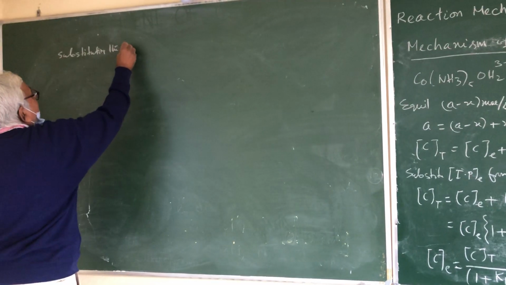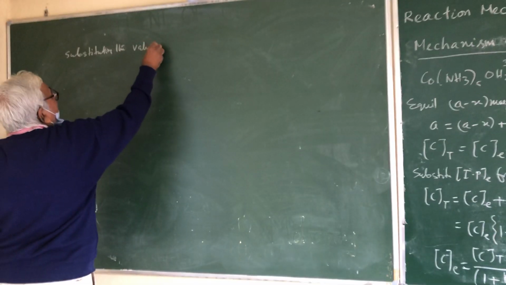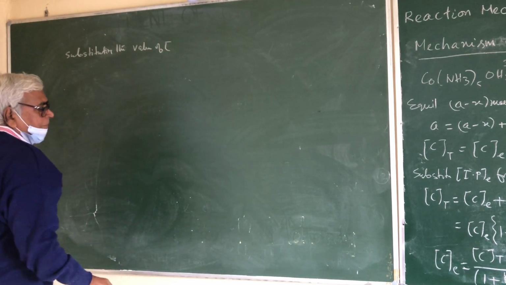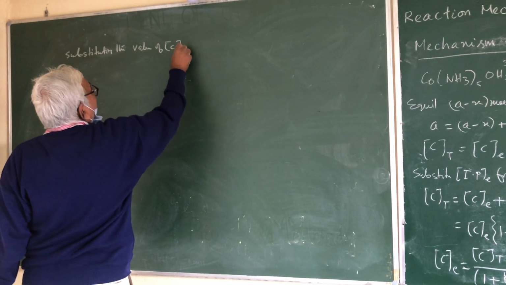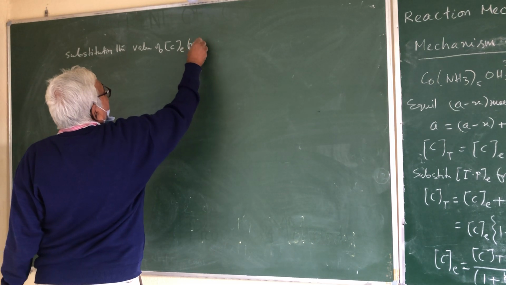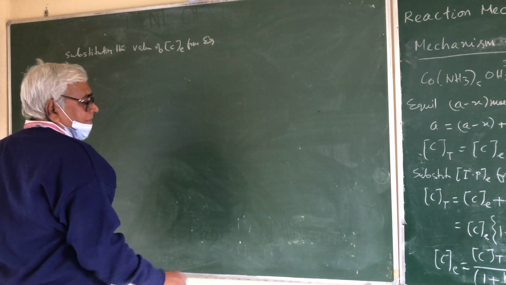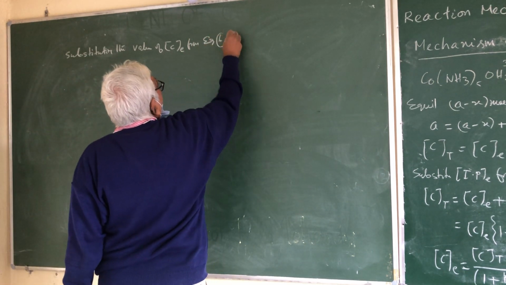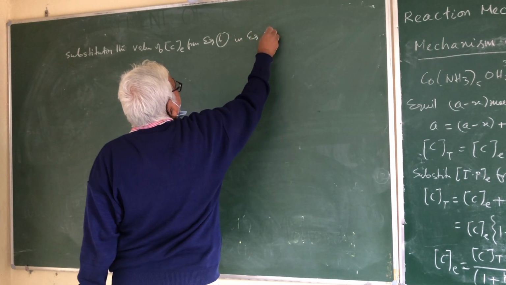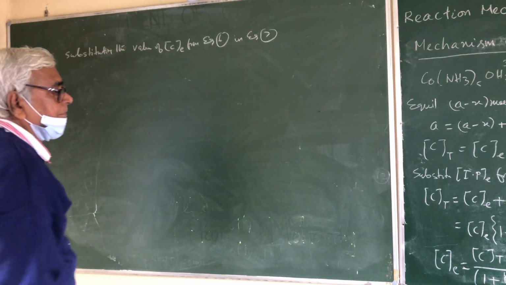Substituting the value of complex equilibrium from equation 6 in equation 7, what do you get?